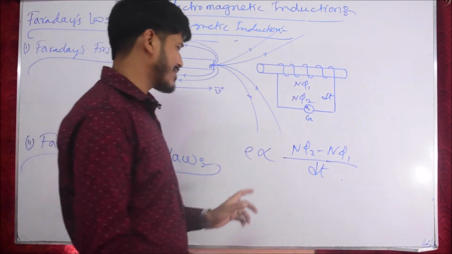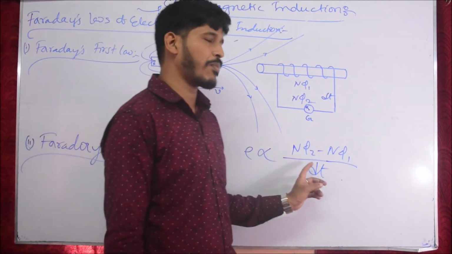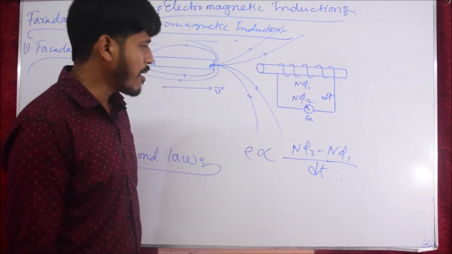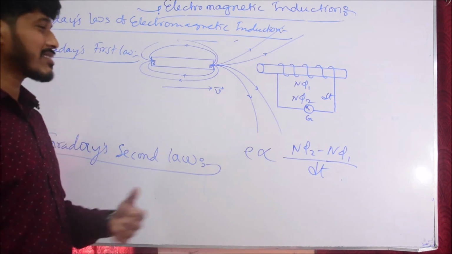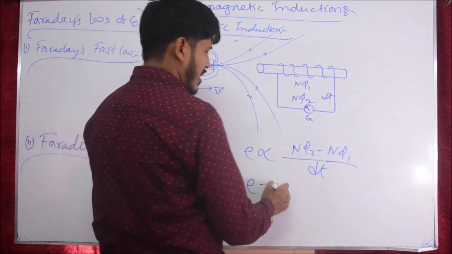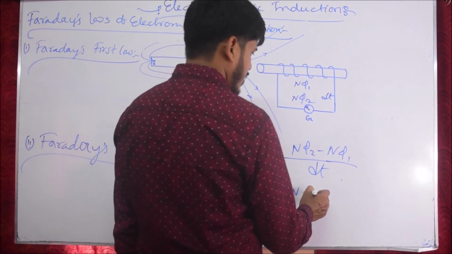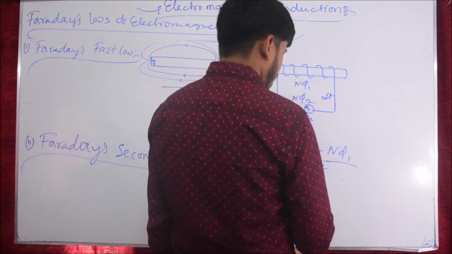I repeat it again. According to Faraday's second law of electromagnetic induction, the induced EMF is directly proportional to the rate of change of magnetic flux linking the conductor or coil, or E is equal to K N d phi by dt.